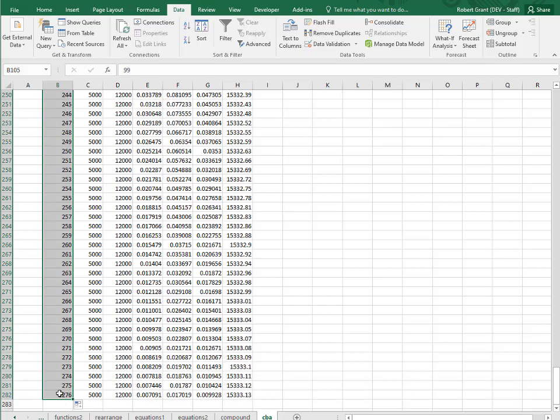So 276 years in the future, it's down to virtually less than a penny being added onto the project value now, so it's stabilised. So it reaches a limit of $15,333. So that's the final net present value at a rate of 5% interest rate.